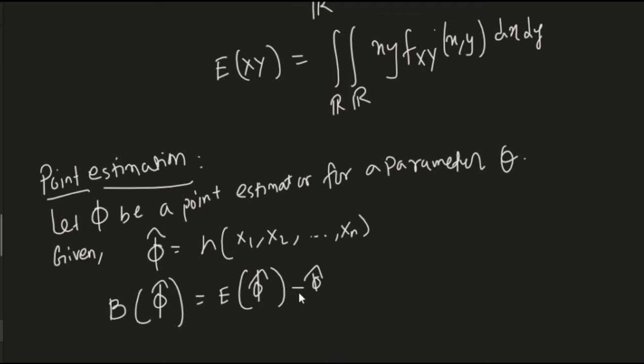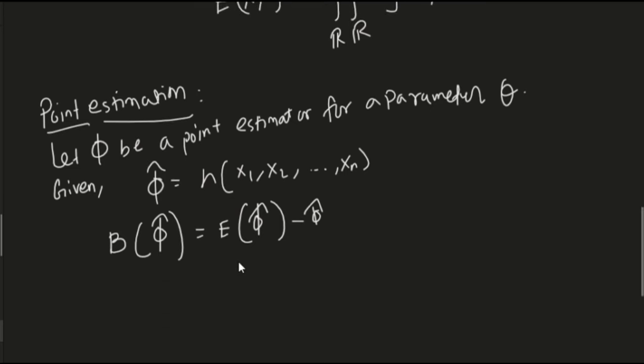You see, so that is how bias is defined, and we call it unbiased if bias is 0.